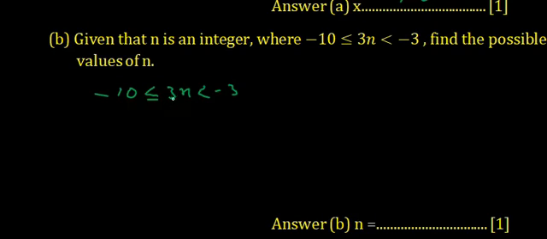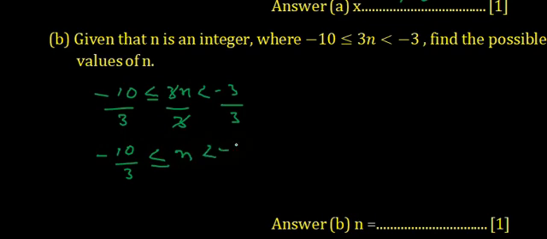So 3 is multiplying with n, so we have to divide the whole inequality by 3 so that the 3 can be cancelled out and n remains. It will become minus 10 upon 3, less than or equal to n, less than minus 3 upon 3, which is minus 1.